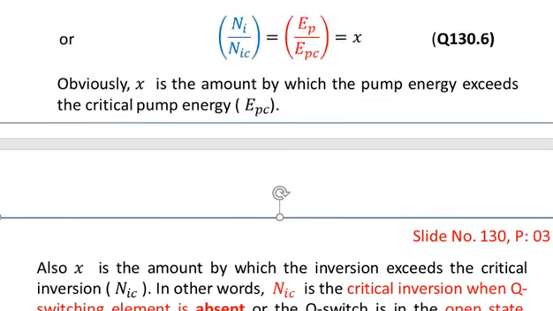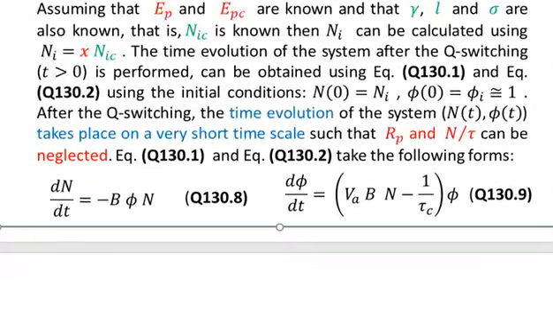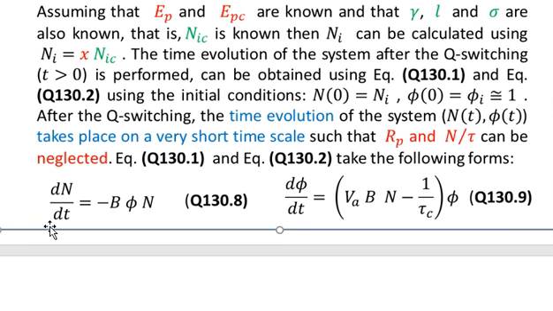So we have written these two equations as, this is equation number 8, which is dN over dt equal to minus B times phi times N, and d phi over dt is equal to this. Within the parentheses, we have Va times B times N minus 1 over tau c, times phi. So the second equation remains unchanged, whereas in the first equation, the first term and the third term on the right hand side of equation number 1 were neglected.